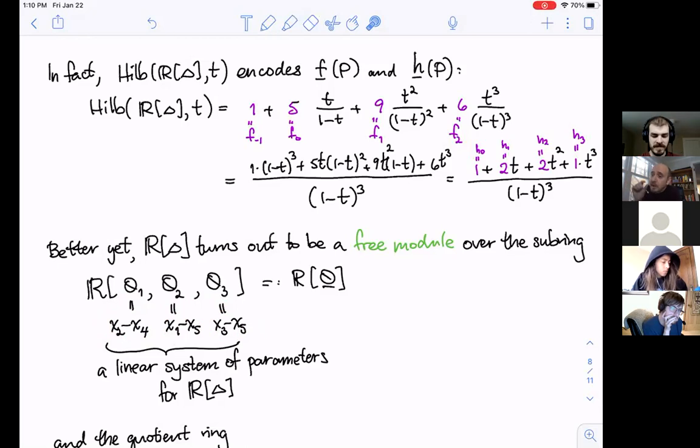They actually do turn out to generate a little subalgebra that has 1 over 1 minus t cubed as its Hilbert series. That's not obvious, but it's going to be true. We'll see why later. And if I take that subalgebra generated by theta 1, theta 2, theta 3, let me call it R of theta, the whole Stanley-Reisner ring turns out to be a free module over that subalgebra, that subring. Sorry, when I say subring and subalgebra, same thing. No distinction in my world.